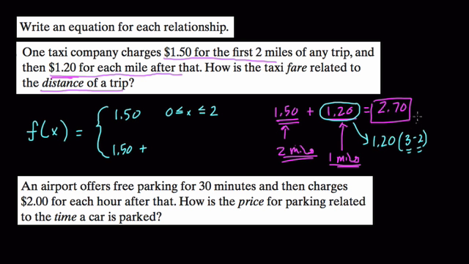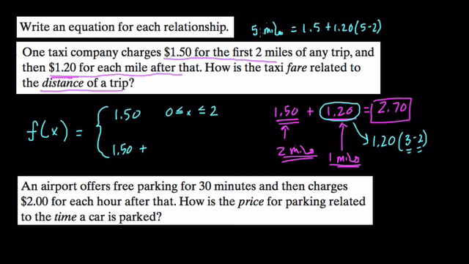As another example, if you had driven 5 miles, the cost would equal the $1.50 to begin with, plus $1.20 times 5 minus 2, because that's 3 miles beyond the first 2 miles.